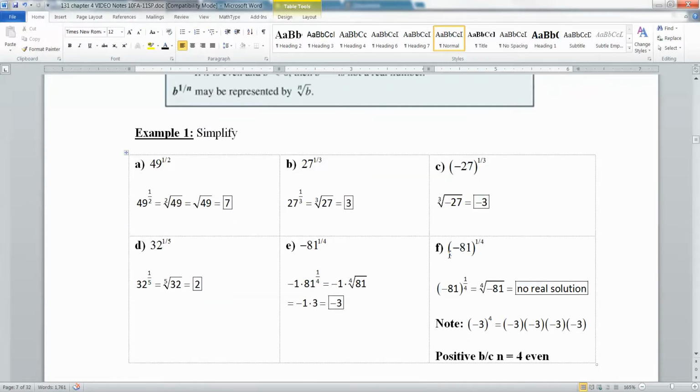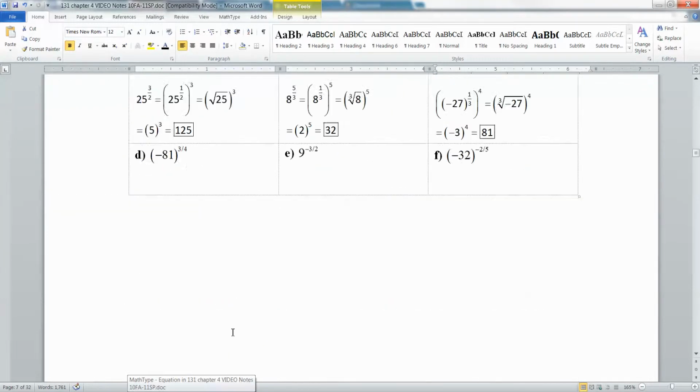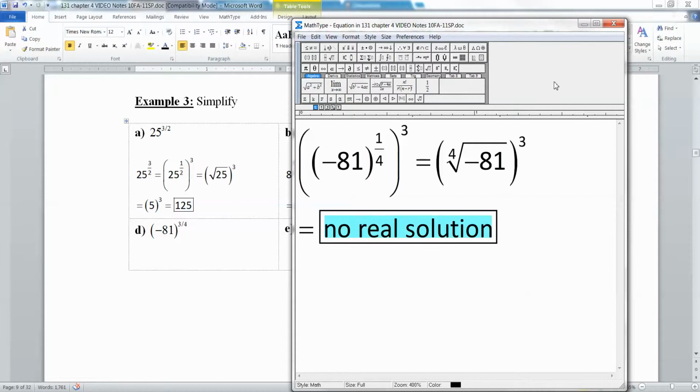Matter of fact, we did that same problem right here. It's not going to work. So for ours, we can say this part in here is not going to work. So we can say no real solution. Done.